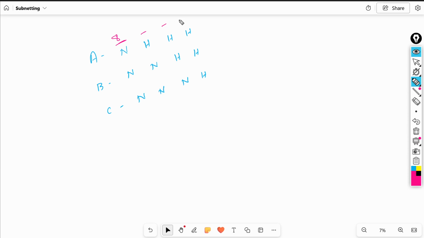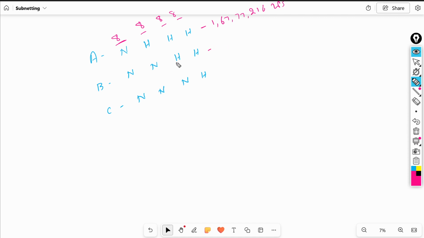Here, three host portions equal 24 host bits. In class B, 16 network bits, 16 host bits. In class C, 24 network bits and 8 host bits. So as per this, class A provides 1 crore 67 lakhs 77,216 IPs, 2 to the power of 24.